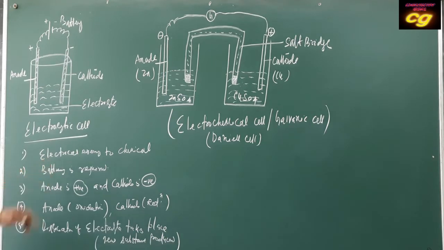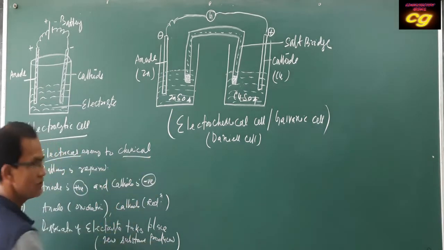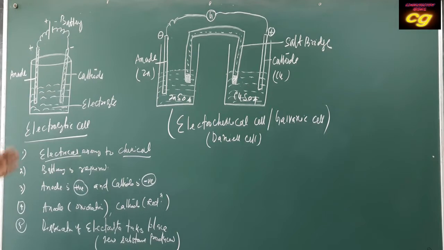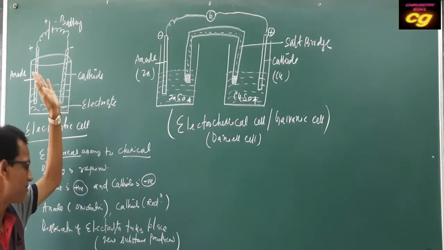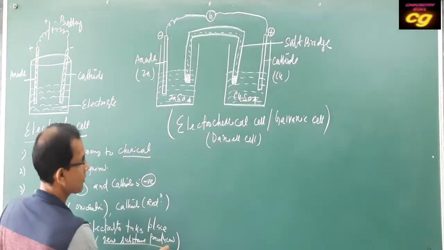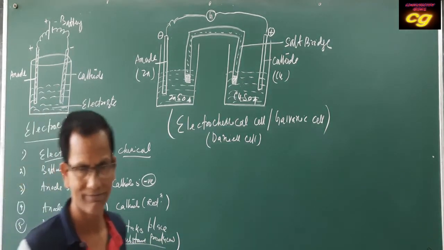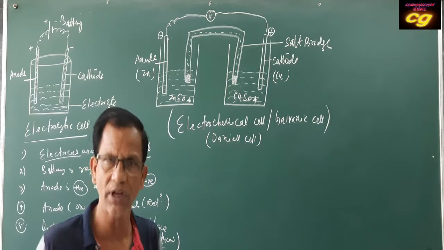So we can say electrical energy to chemical energy, that is called an electrolytic cell. Dissociation of electrolytes takes place with the help of electric current, that is the battery, and the result is formation of new products, that is, new chemical substances will be produced.